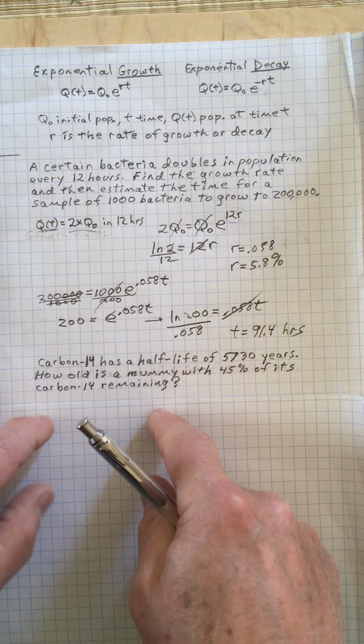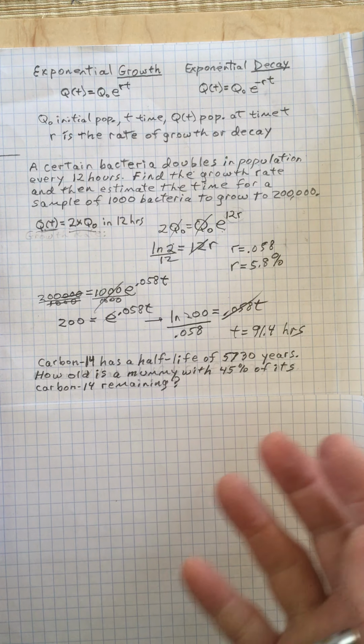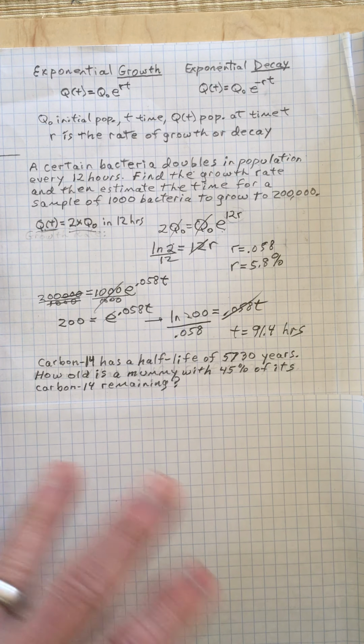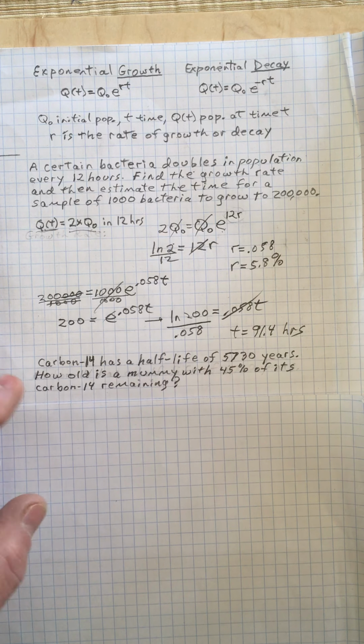The reason here, you'll see in a minute, this is a radioactive half-life problem. So we got a situation here. First, some background. Carbon-14, it's a radioactive substance. It's on all living things. It has a half-life, but as long as things are living, they continue to absorb this stuff.